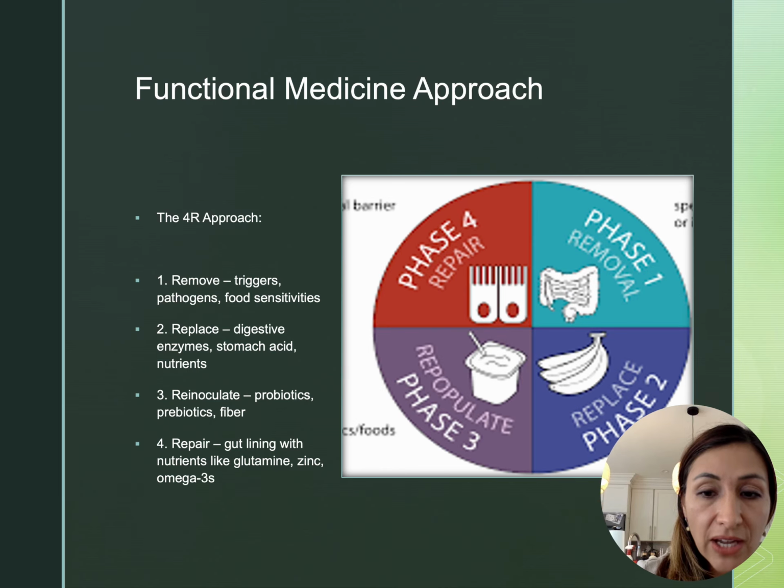Then we re-inoculate, or repopulate, the gut with good probiotics, prebiotics, and fiber to restore the balance. And finally, we repair the gut lining using nutrients like glutamine, zinc, or omega fatty acids, and many other ones that we have in our toolbox. This is a structured approach that helps us bring the gut back into balance and supports long-term metabolic health.